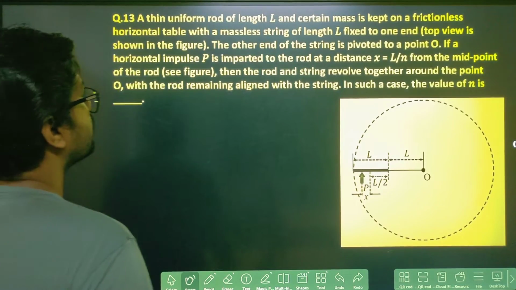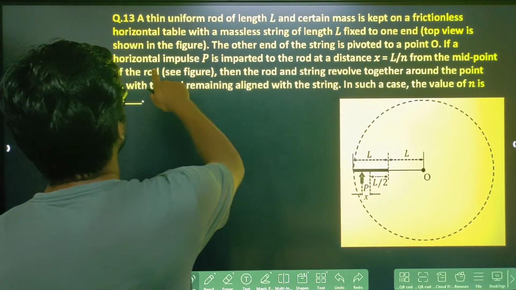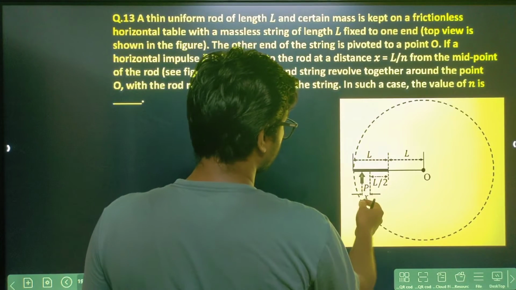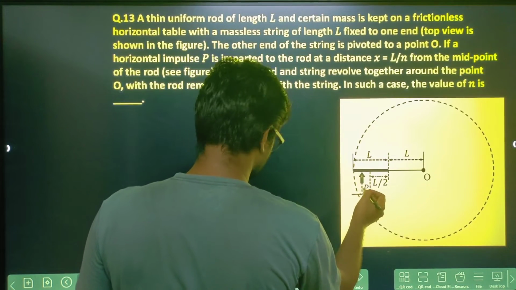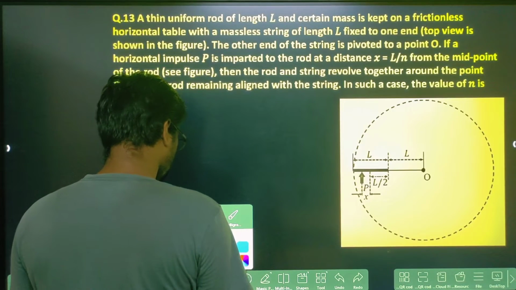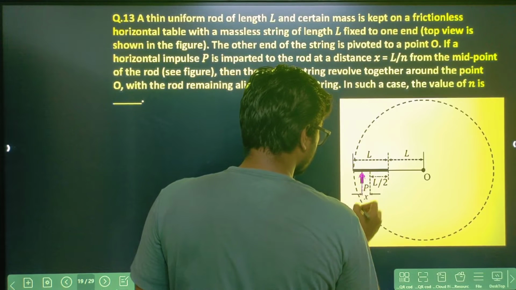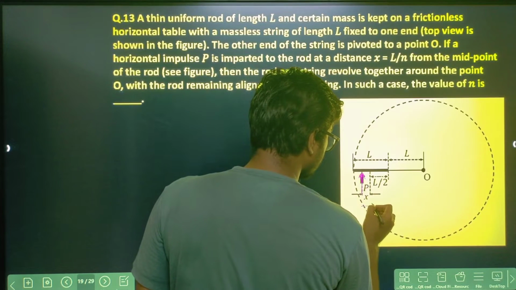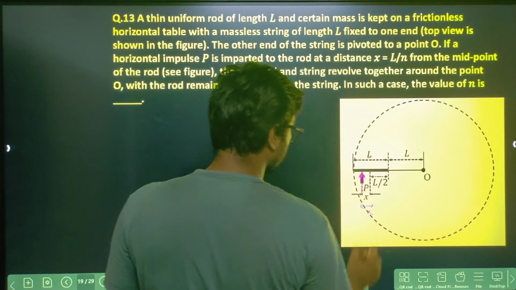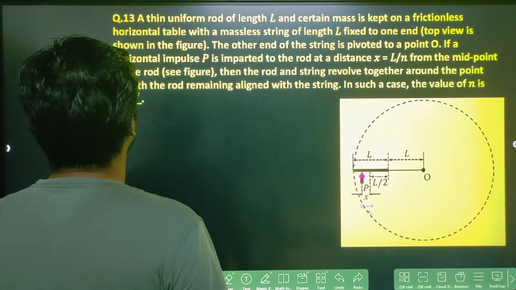Now the other end of the string is pivoted to point O. If a horizontal impulse P, so you are giving an impulse P here, and this distance is basically your x, they have given, and x they are telling is L by N, right?